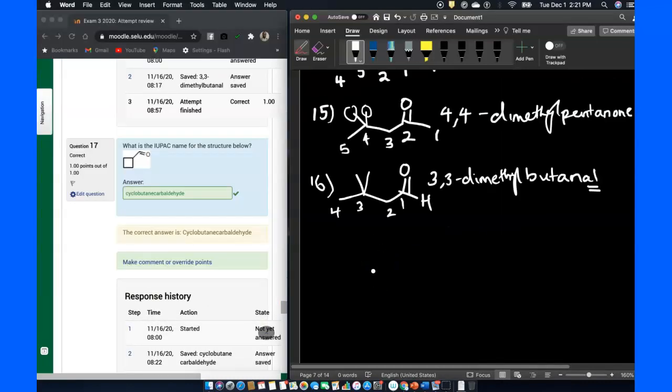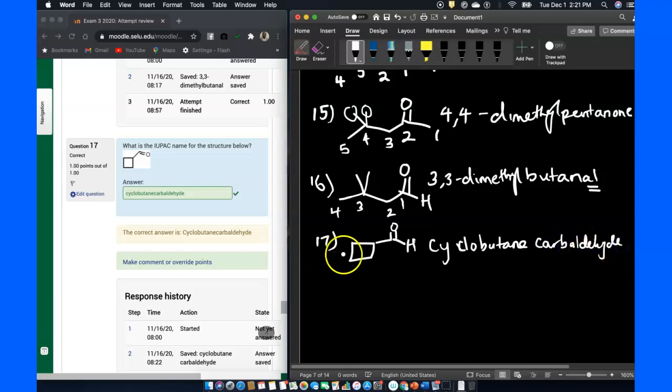We have another aldehyde. But this time the aldehyde has a ring, so we give the ring its alkane name. It happens to be cyclobutane, and because it's an aldehyde on an alkane ring, we just finish by giving it the name carbaldehyde.